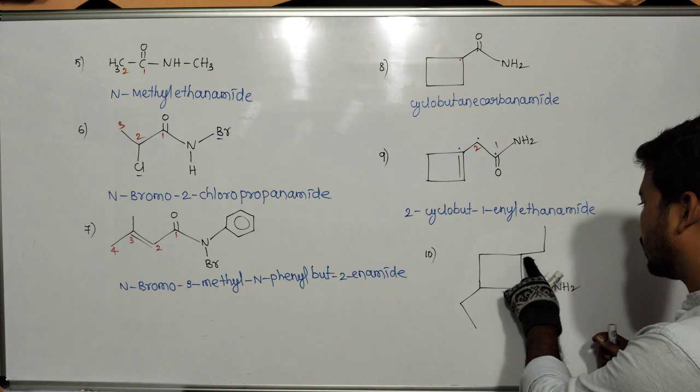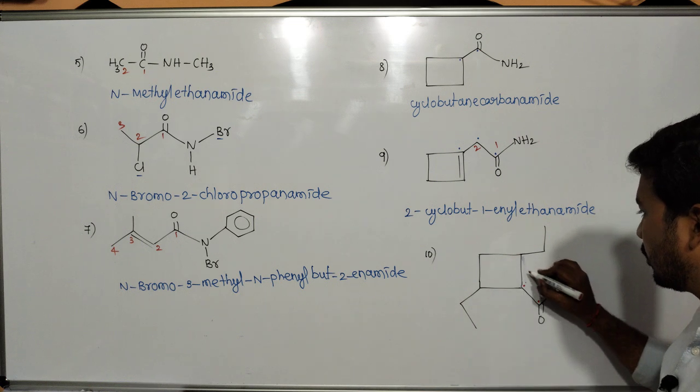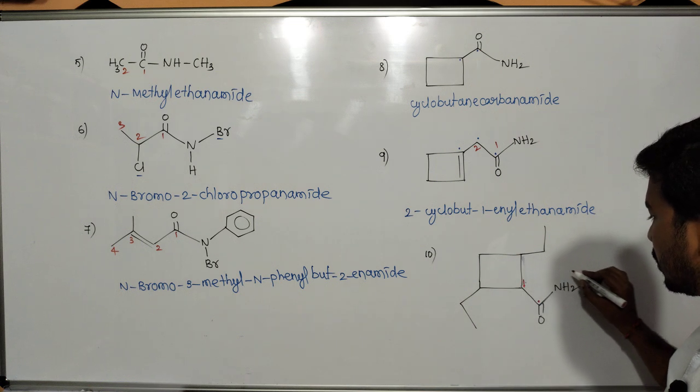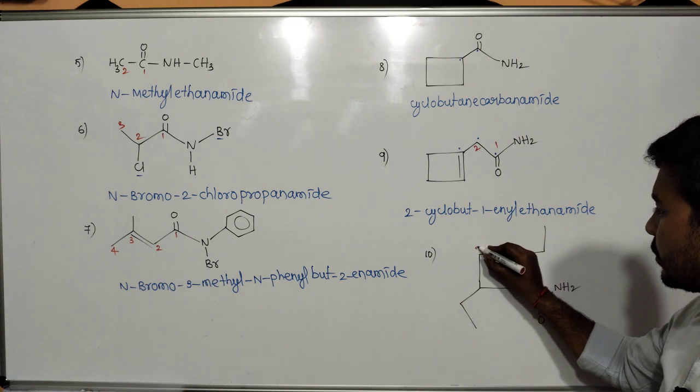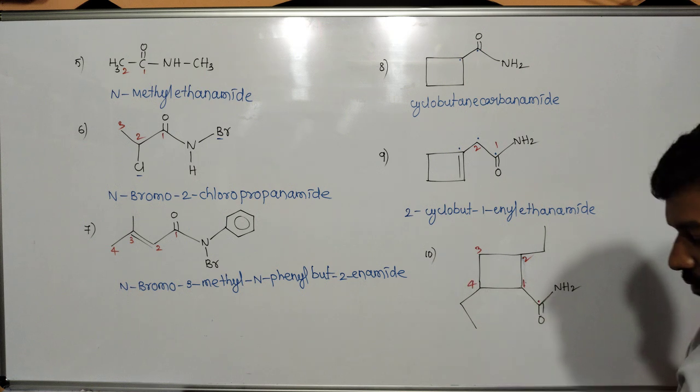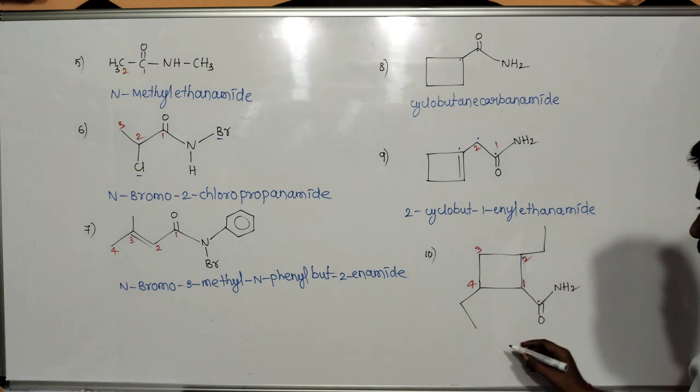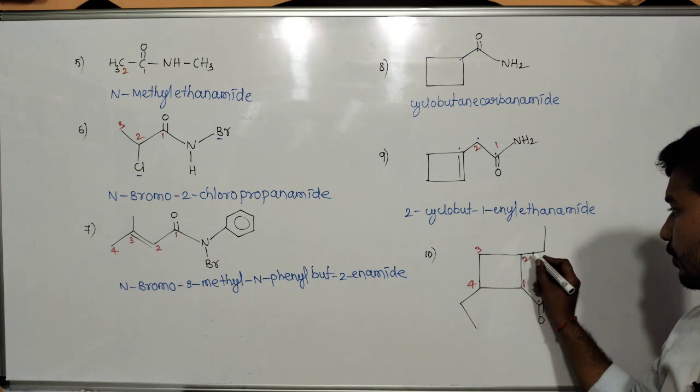Numbering as shown in red, 1, 2, 3, and 4. Now write the IUPAC name. Substituents at 2, 4.